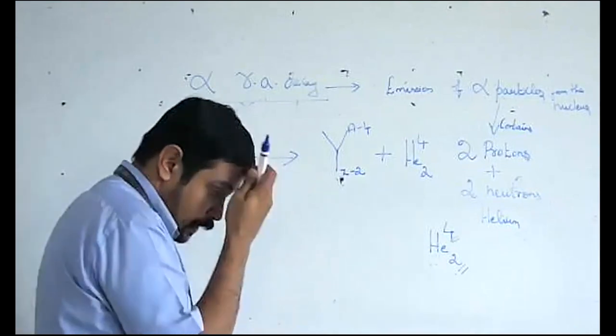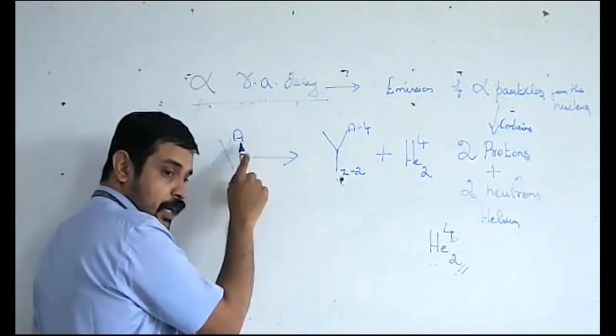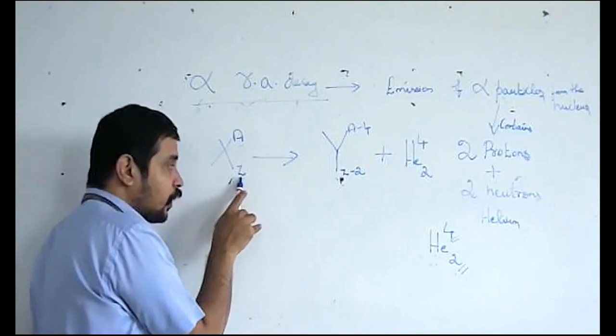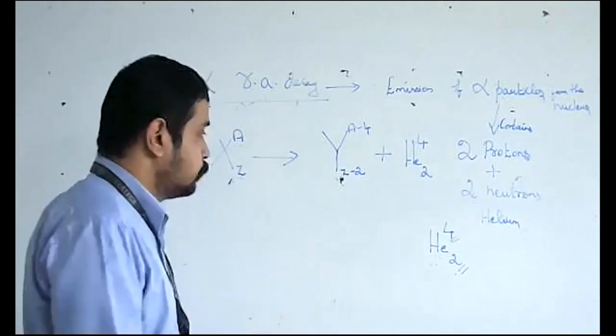I'm sorry, A represents mass number, Z represents atomic or proton number.